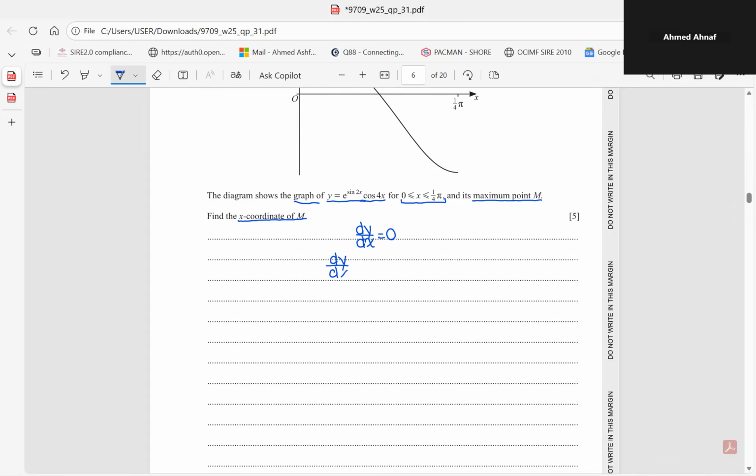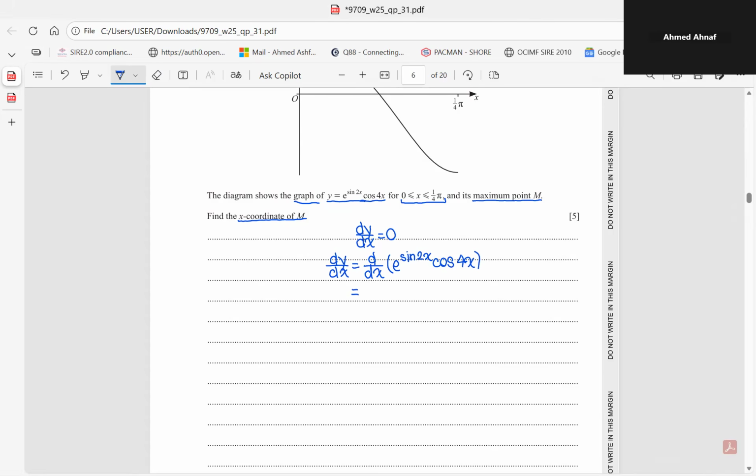So dy/dx is d/dx of e to the power of sine 2x times cosine 4x. Since it's a product of two functions, e to the power of sine 2x times cosine 4x, we obviously have to use our product rule.